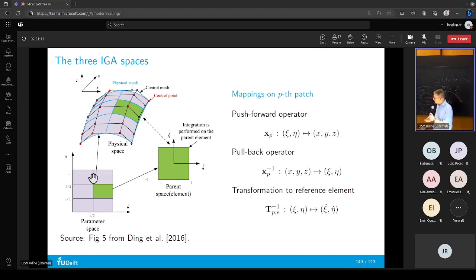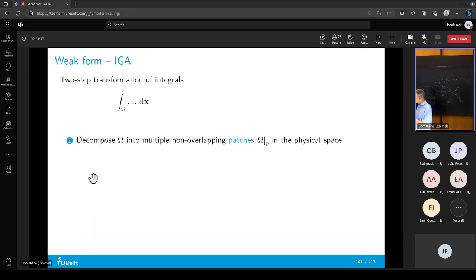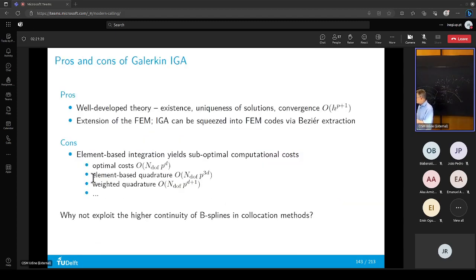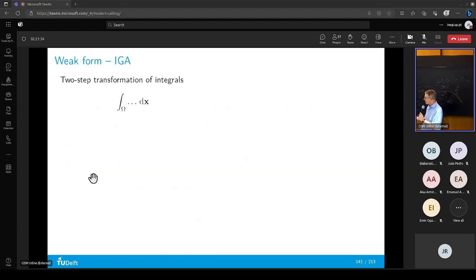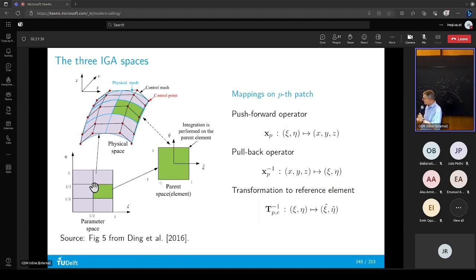Well, maybe to extend on that, in this weighted quadrature, what it basically does is it evaluates not element by element, but it kind of evaluates everything of a basis function. Going back here, if a basis function would be somehow here, then it would be non-zero in these 4 patches.